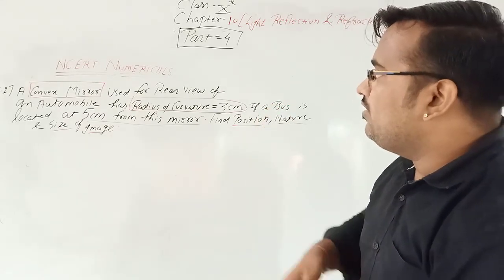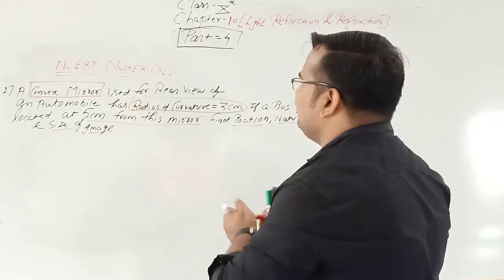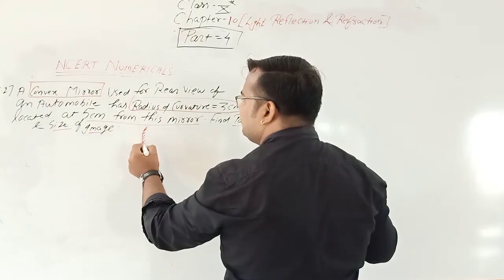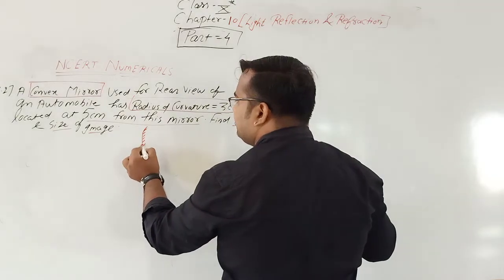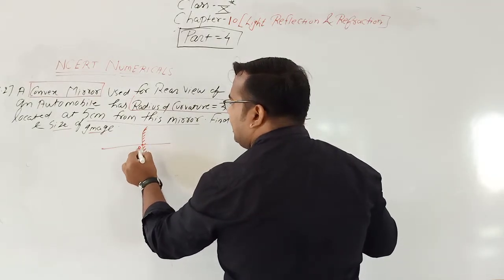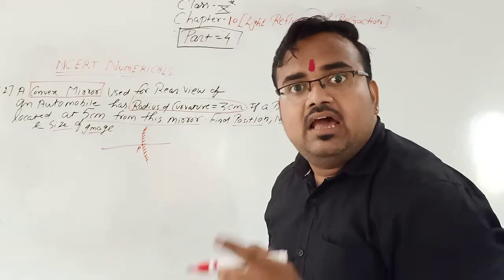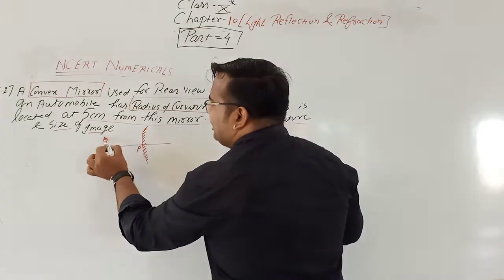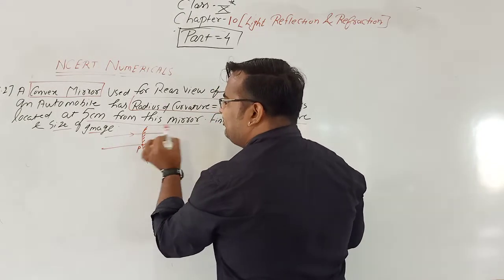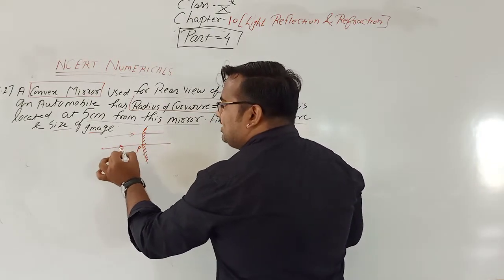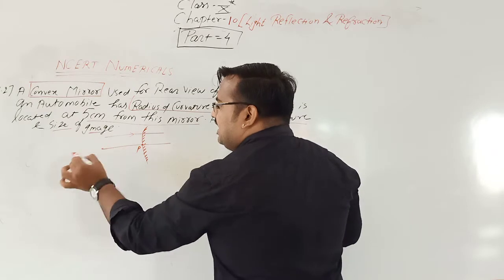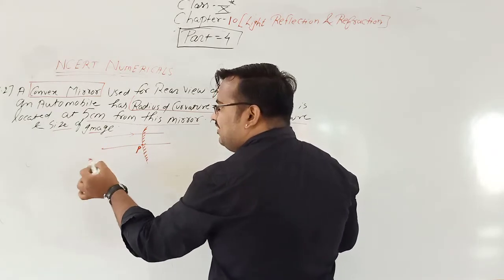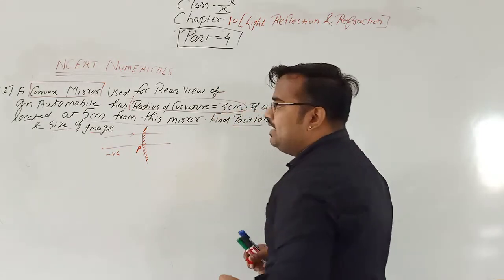Now convex mirror. Convex mirror means the mirror would be like this. This is the pole, and as I have told you, every time we are measuring the distance from the pole. This is the direction of incident ray, that means positive direction, and the object is towards the left hand side of it, that means the object distance would be negative.